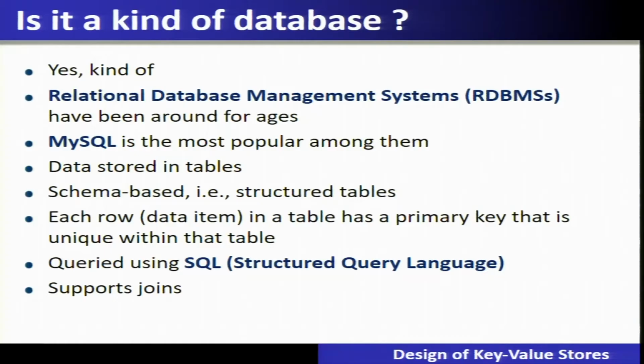The relational database management system has been around for ages, and MySQL is a popular interface for accessing it, being very familiar to programmers around the world. Data is stored in an RDBMS in the form of tables, schema based, and each row in a table has a primary key that is unique within that table. It is queried using structured query language and supports joins.